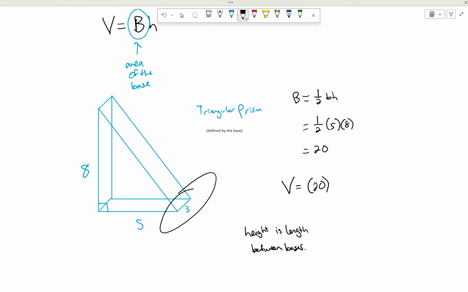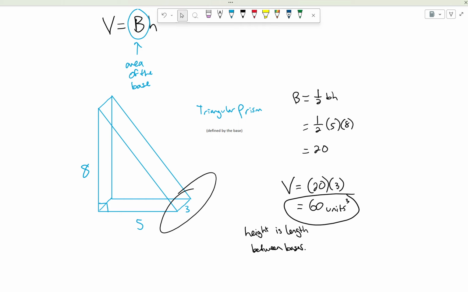Yes, that hasn't changed, right? Because we measure height from the top of my head to the bottom of my feet. So it doesn't matter. You can't say, oh yeah, the triangle's on its side. It's still the length between those bases, like a cheese wedge. So this height here has to be 3. So then we take 20 times 3, and this is going to be 60 units. And when you measure volume, they're going to be cubic units.